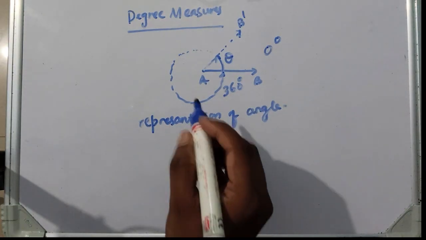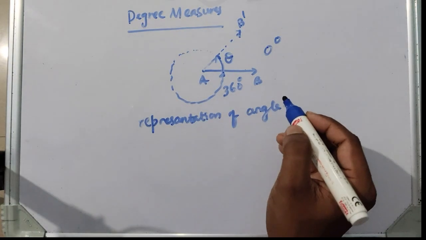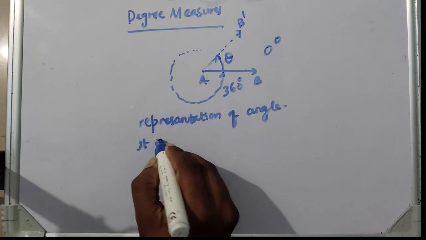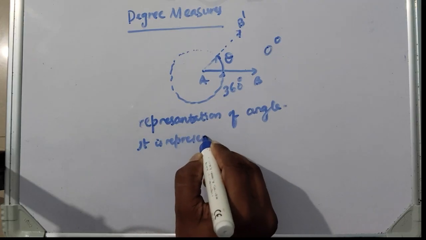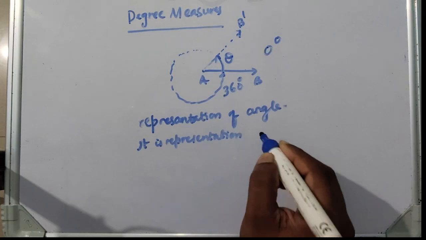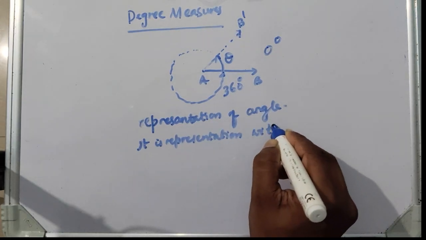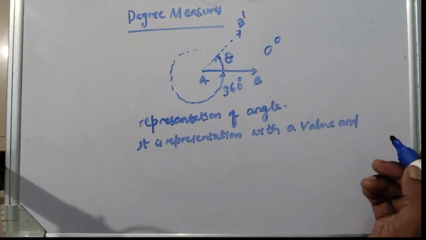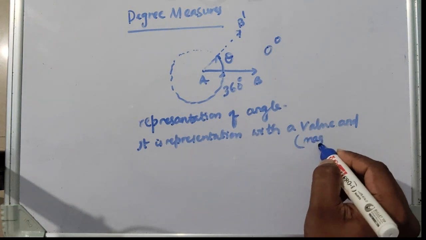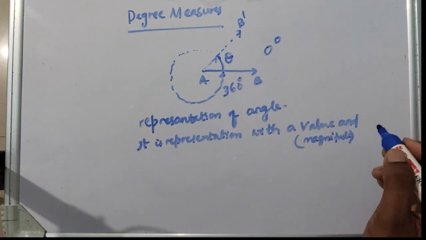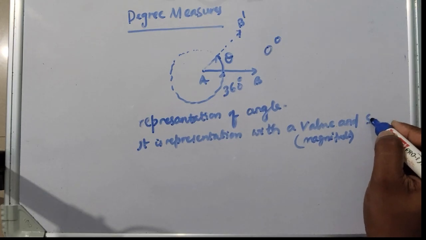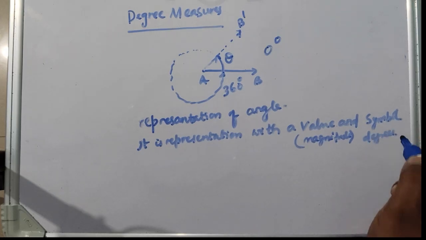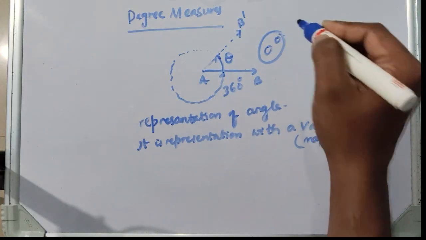Okay, and it is represented with a value, or you can say magnitude, and symbol degree. So this representation is called degree measures.